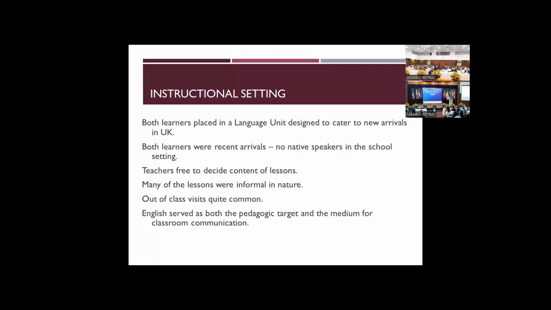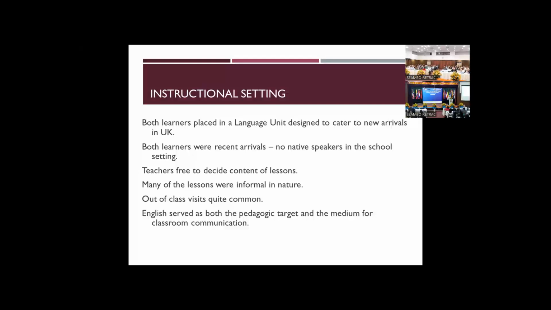This was the instructional setting. It was what's called a language center. Language centers were very common in London then. And when immigrants came to live in Britain and they didn't know any English, the children were placed in a language center, the purpose of which was to try to develop some sort of basic competence in English before they were moved to a normal secondary school.